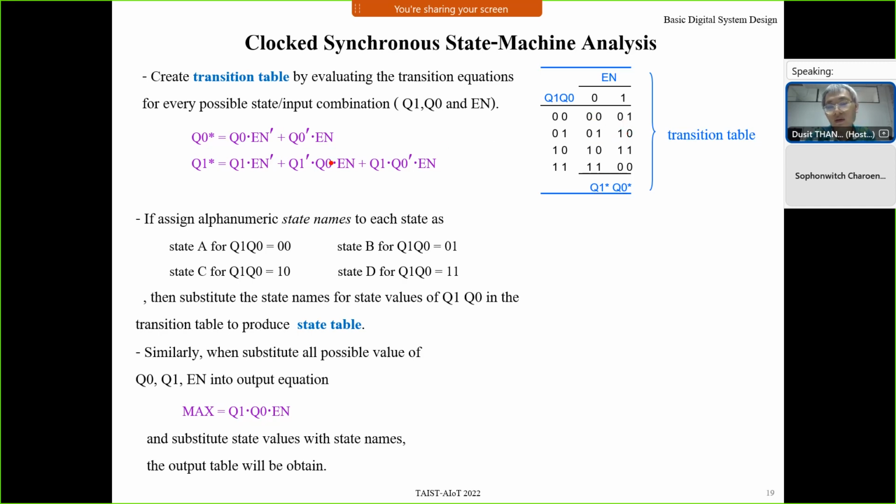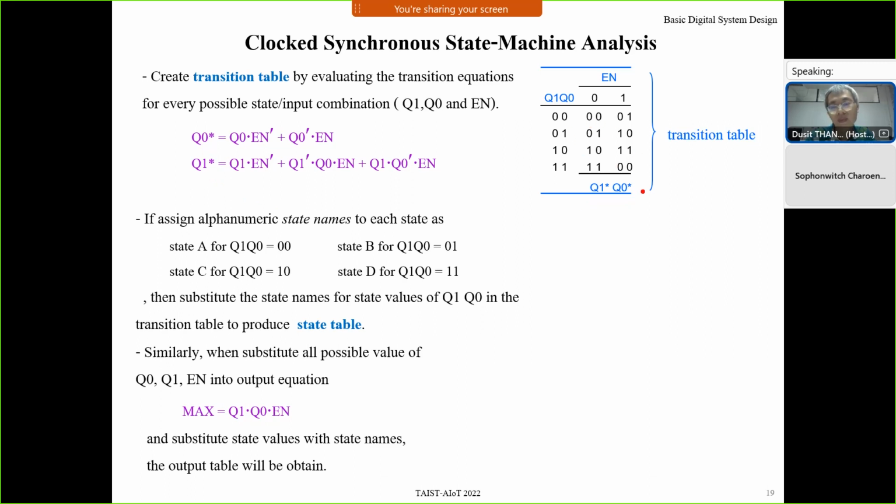So you just substitute all possible values. For example, when Q1, Q0 is 0, 0 and EN is 0, you just substitute and calculate the value. Then we know the values of Q0 star and Q1 star.